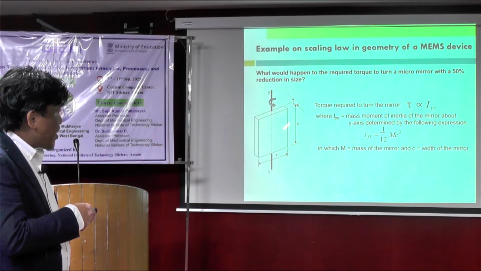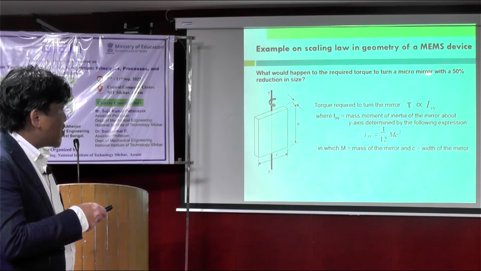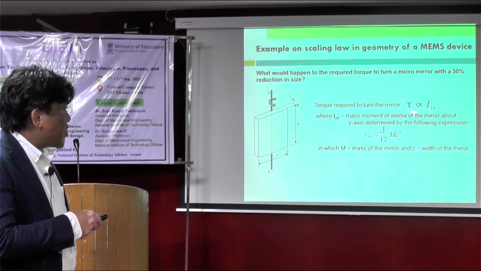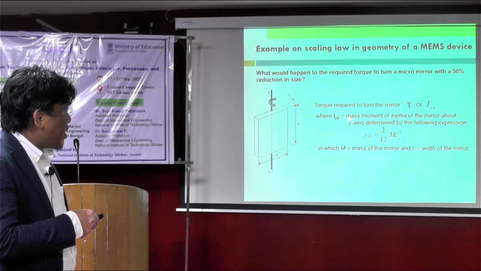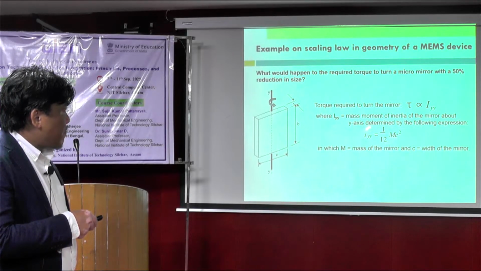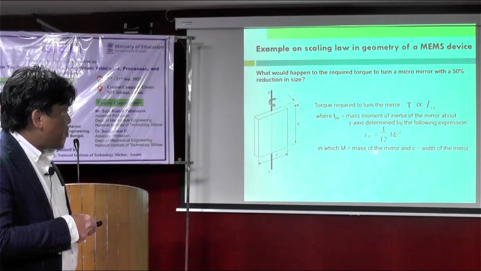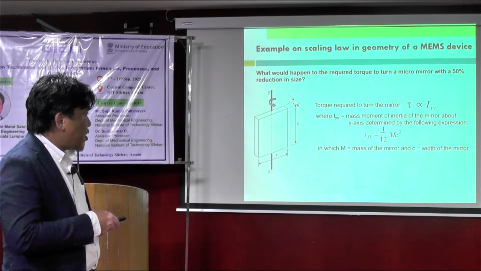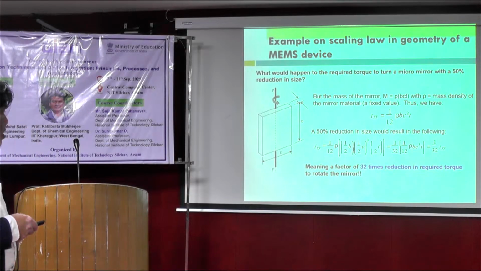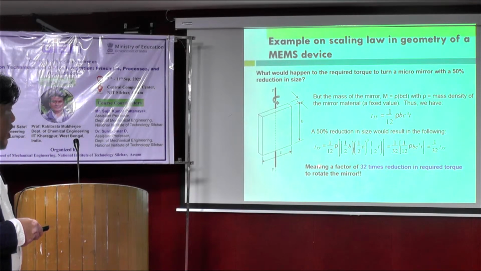So this micromirror, if you make it smaller, let's say you reduce 50% of the size, then the torque required to turn the micromirror is this equation, where Iyy is the mass moment of inertia of the mirror about the y-axis, with the following expression, in which m is the mass of the mirror and c is the width of the micromirror. Then, calculating further, you get this, with rho as the mass density of the micromirror material, a fixed value.